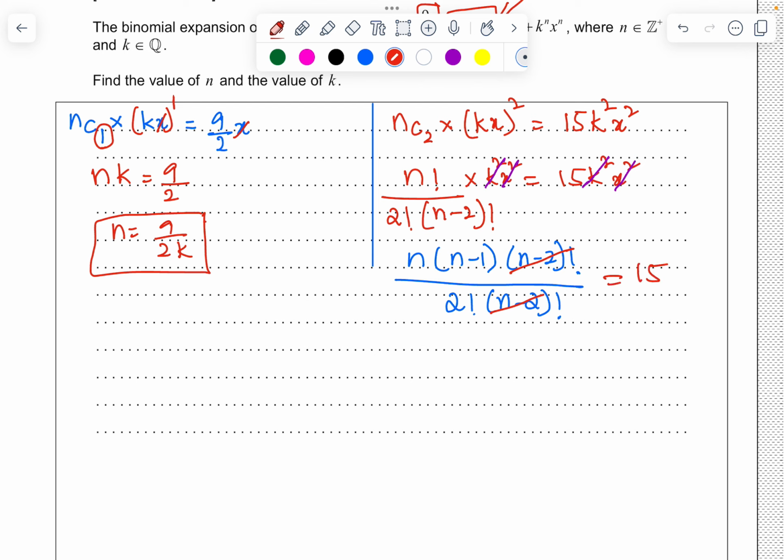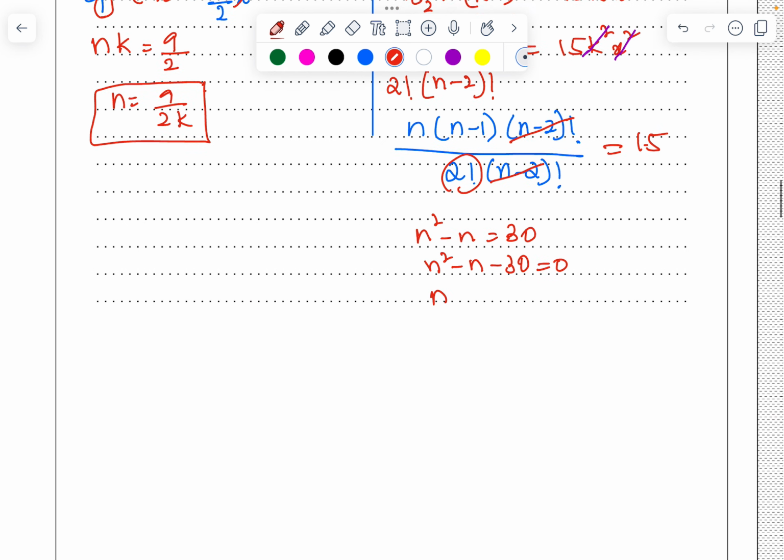So n square minus n is equal to, cross multiplying, 15 times 2 is 30. So I will bring the 30 inside and now I can factorize. So this gives me n minus 6 times n plus 5 is equal to 0. So n equal to 6 or n equal to negative 5.